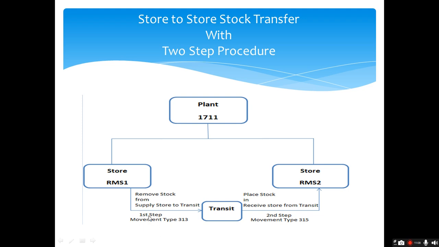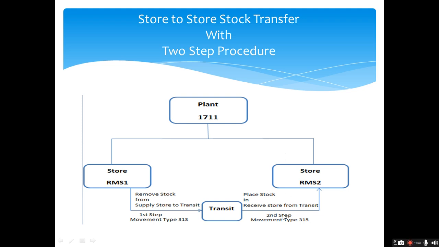In the first step, the system removes stock from the issuing storage location and places it into transit, and in the second step we remove stock from transit and place it into the receiving storage location. And for this two-step procedure, what movement does the system determine? The system performs this two-step activity with movement types 313 and 315.